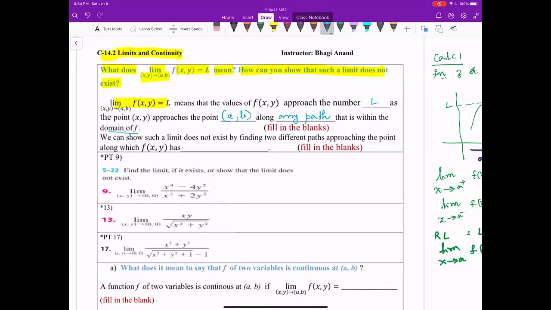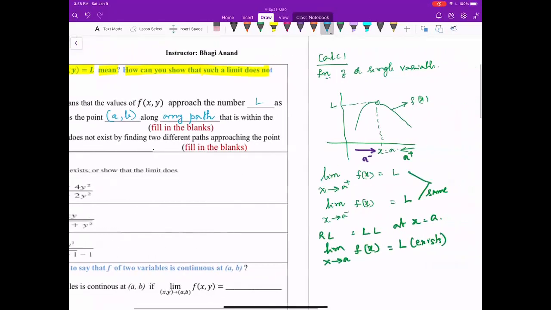It should be along any path. In the single variable case, you consider one side, then the left side limit and right side limit, and if they are the same, then you conclude the limit exists.